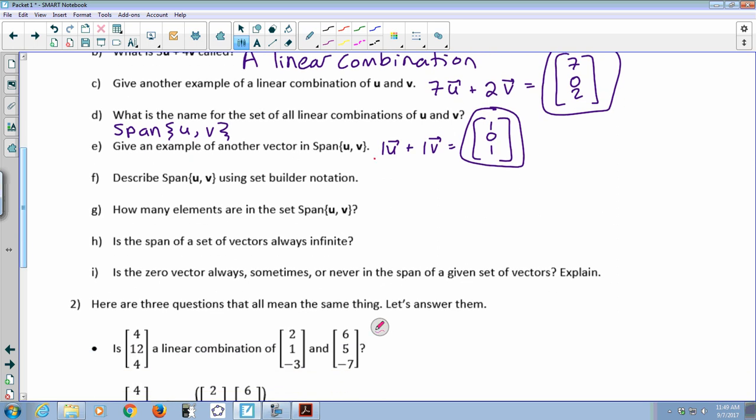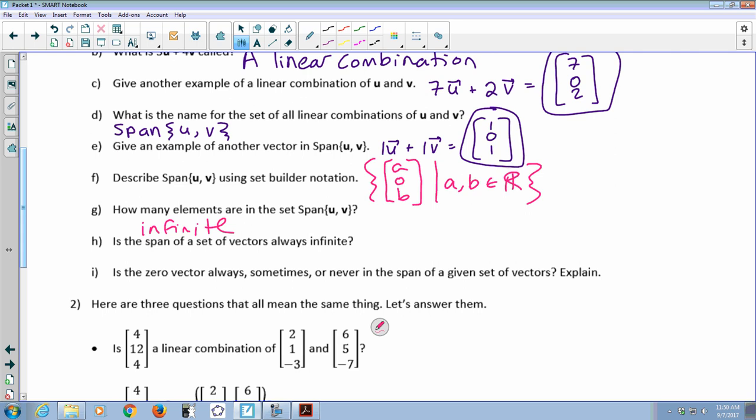I would say it's the set of all vectors that look like a, 0, b, such that a and b are elements of the real numbers. How many vectors are there in the span of u and v? Infinite. You can pick any a and b, any real numbers, so it's infinite.